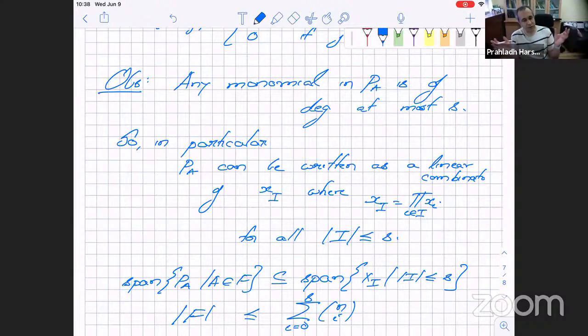Because of the way they have been defined, those polynomials can be spanned by a small set of monomials, and hence the original family can't have too large a cardinality. Any questions?